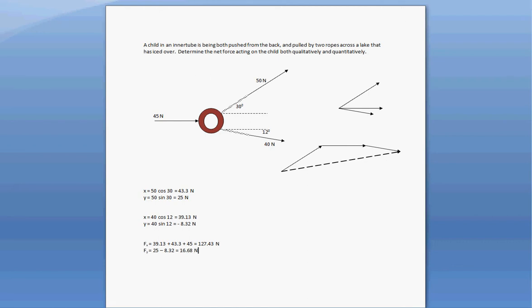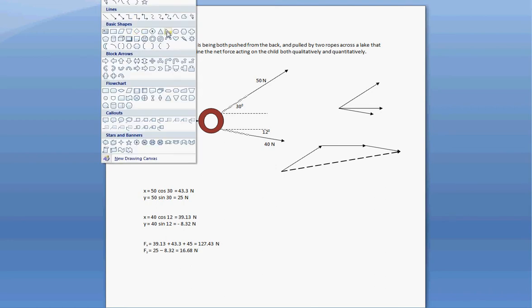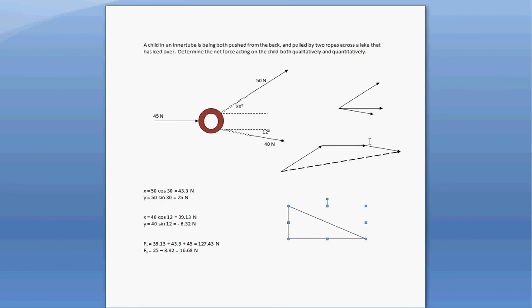So what we have here is a new triangle. We're going to have to flip that around. All right, so we have our new triangle where this side of the triangle here is x, 127.43.